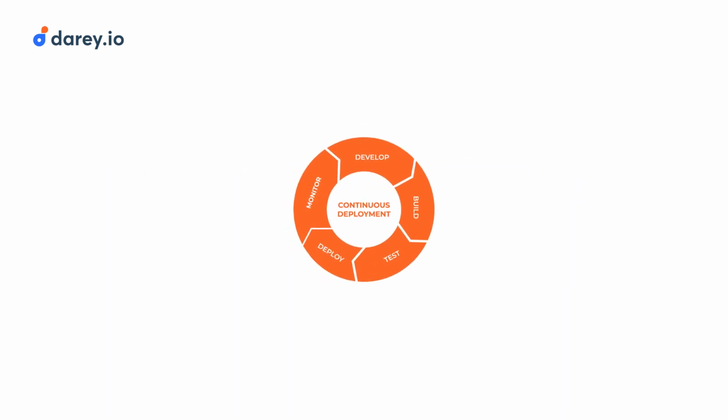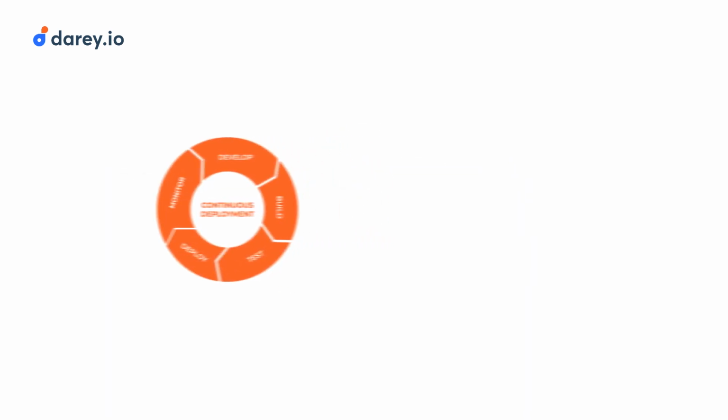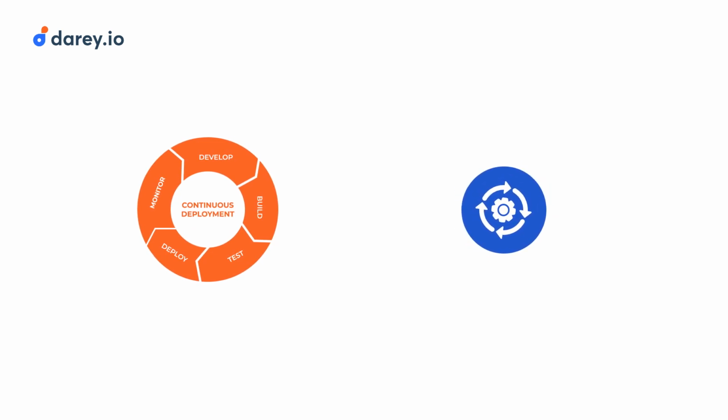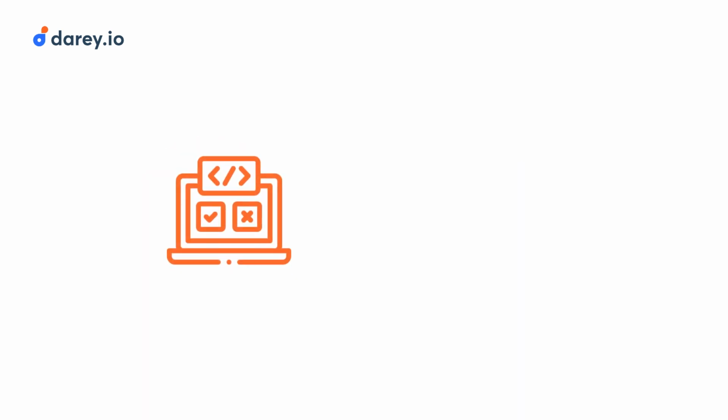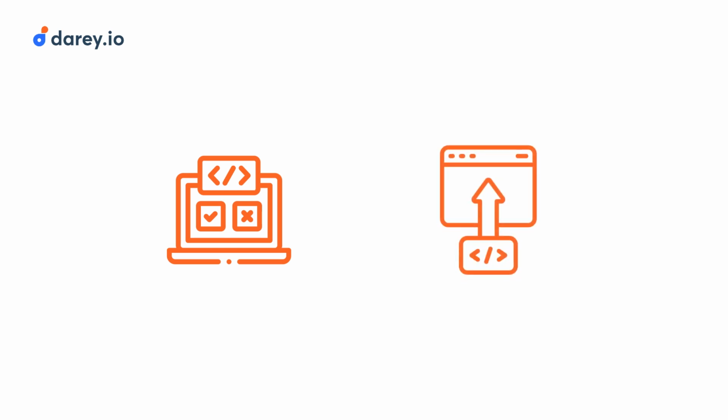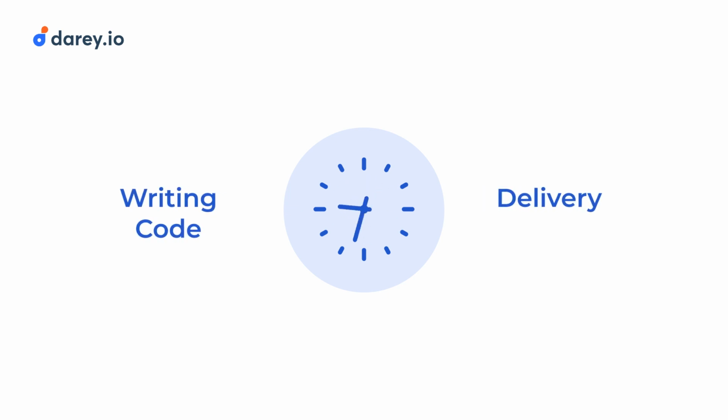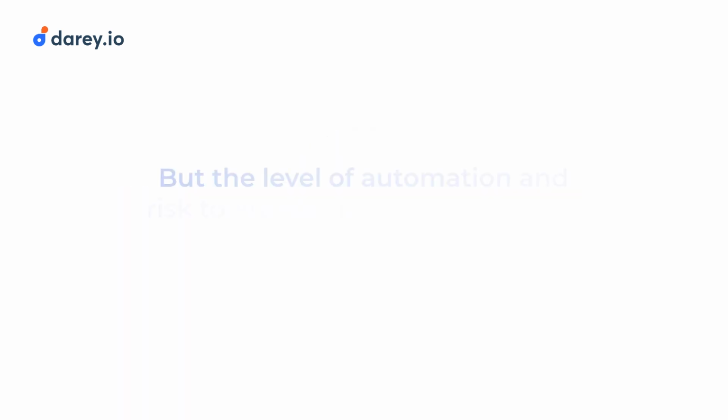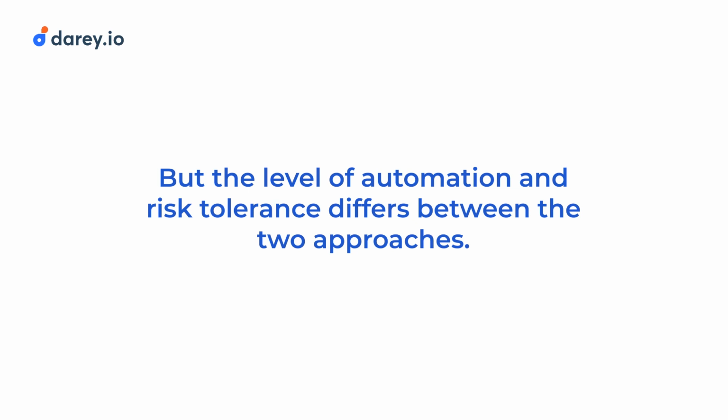Therefore, continuous deployment focuses on complete automation, which means that every change that passes the automated test gets deployed to production automatically, without any human intervention. Both practices aim to minimize the time between writing code and delivering it to users, but the level of automation and risk tolerance differs between the two approaches.